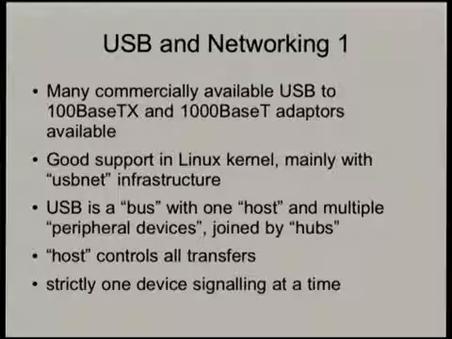We have lots of commercially available USB to network adapters with Linux support, mainly 100 base TX, and there are some gigabit ones available as well. Inside the Linux kernel there's an infrastructure called USB Net, which provides generic support across a whole range of these adapters.